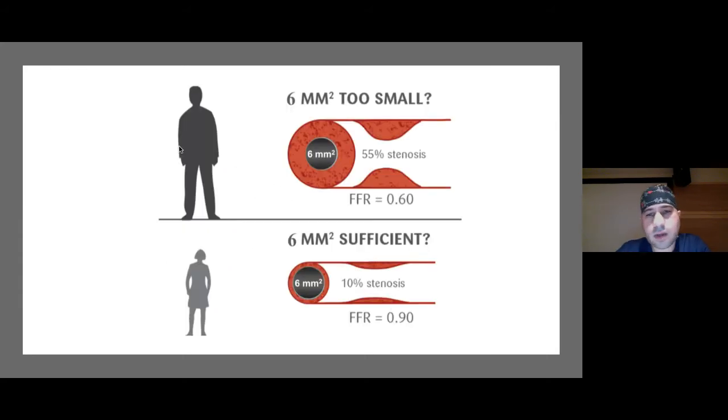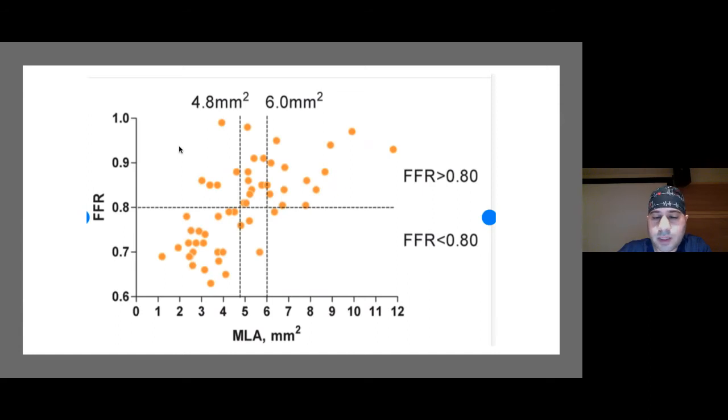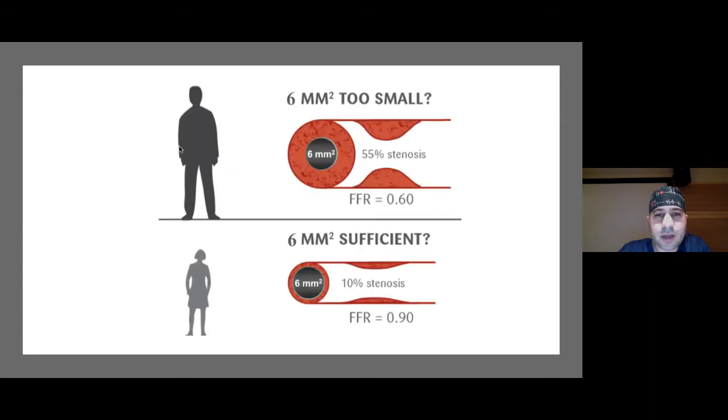There are multiple reasons why this could be happening, and this is the biggest one. If you have a gentleman with a body surface area of 2.2, a left main with a measurement of 6 millimeters squared is going to be too small for him, and this is most likely to be FFR positive.